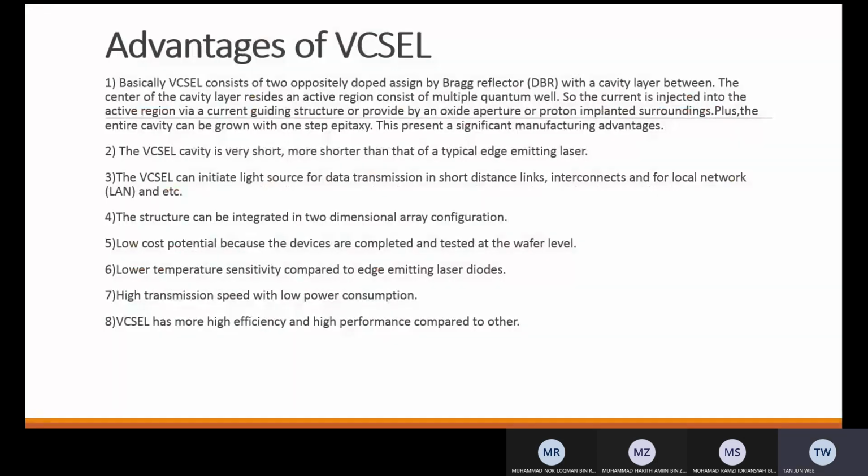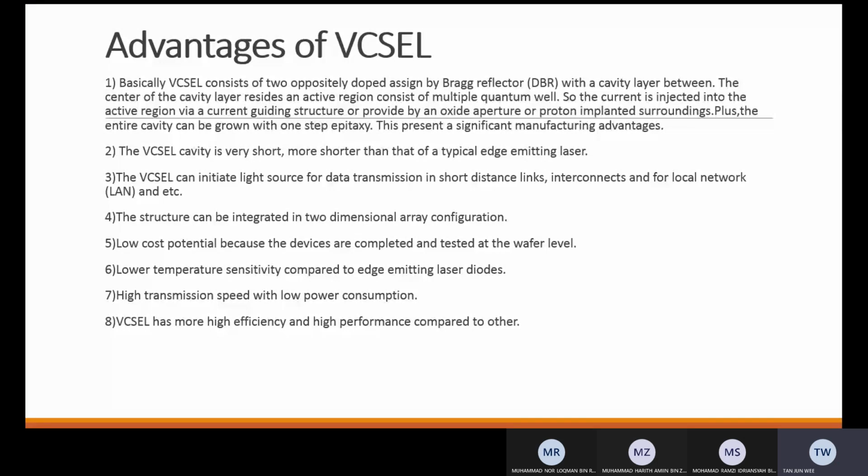The advantages of VCSEL. Basically, a VCSEL consists of two oppositely doped distributed Bragg reflectors, DBR, with a cavity layer between. In the center of the cavity layer resides an active region consisting of multiple quantum wells.